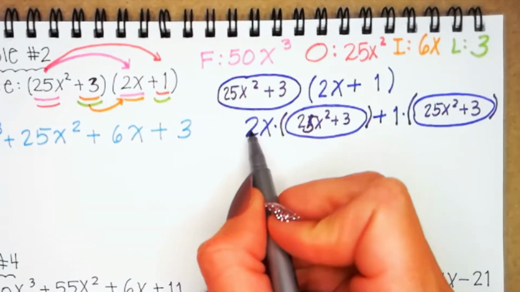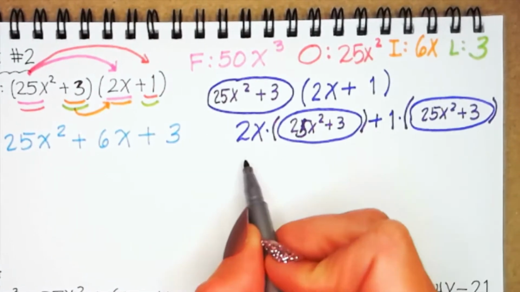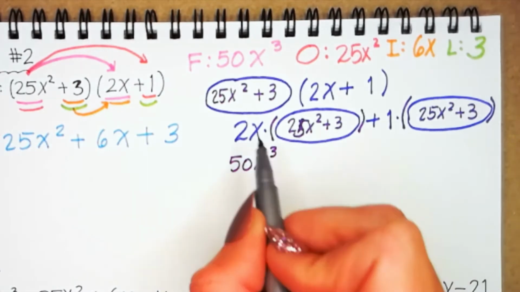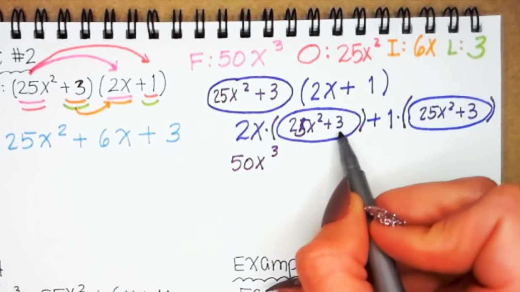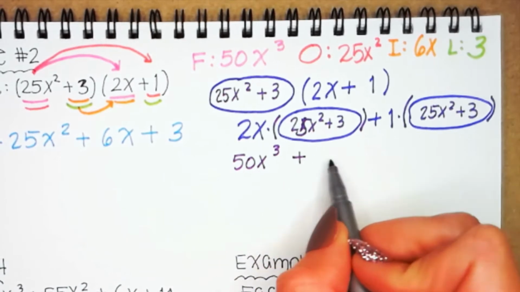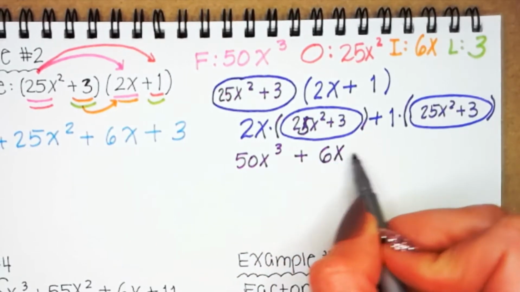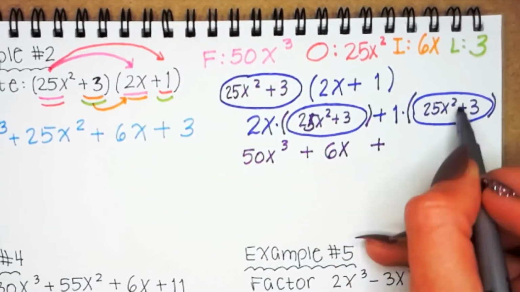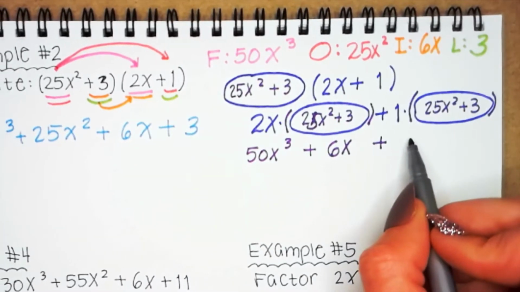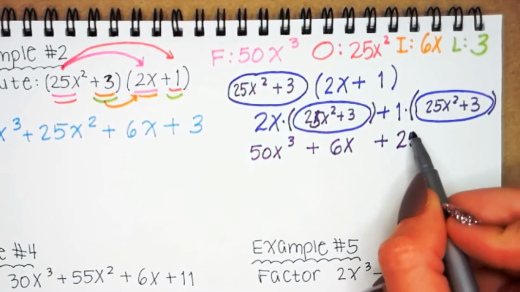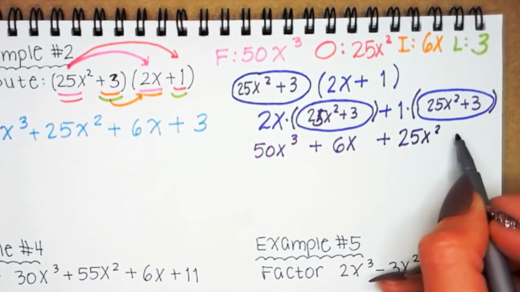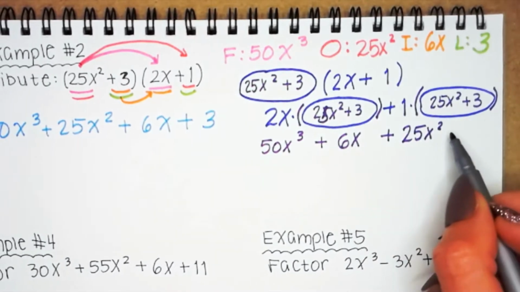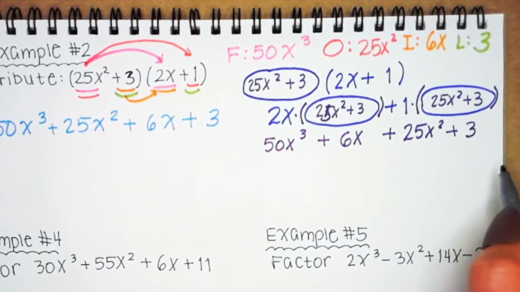Why not? 2x times 25x squared, 50x to the third. 2x times 3, plus 6x, plus 1 times 25x squared, 25x squared, 1 times 3, and again, that won't always be a 1, just so we know, plus 3.